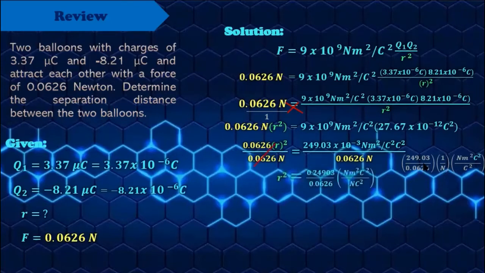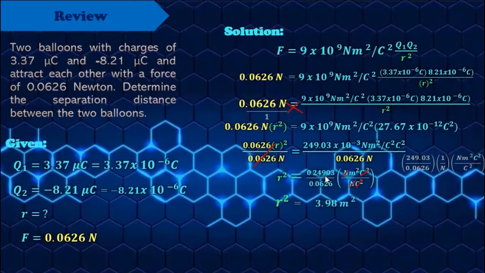Then copy this one. 1 times Newton meter squared times Coulomb squared is the numerator, and Newton times Coulomb squared is the denominator. Cancel out, and then cancel out also the units that are common.